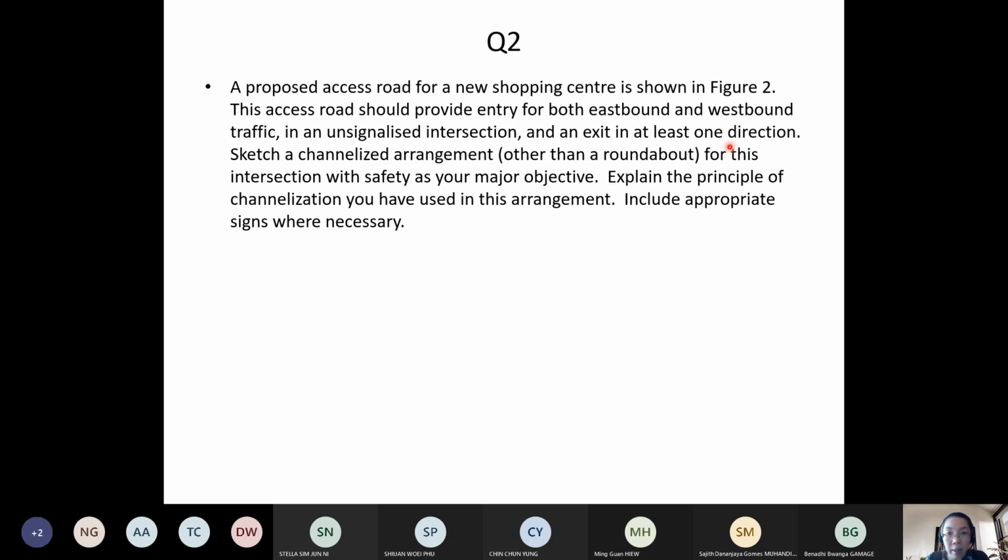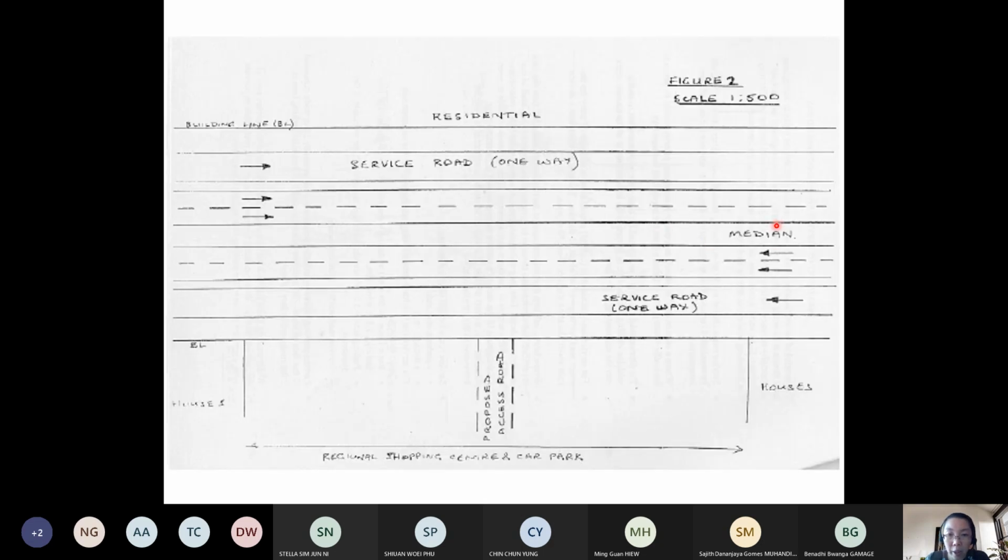So what it means is that you should provide entry to the shopping center from east and from west, and exit in at least one direction. Whether you want to exit this side or this side, that's up to you. I think we encounter this more because this is in an urban setting. So I hope this question is much clearer to you.